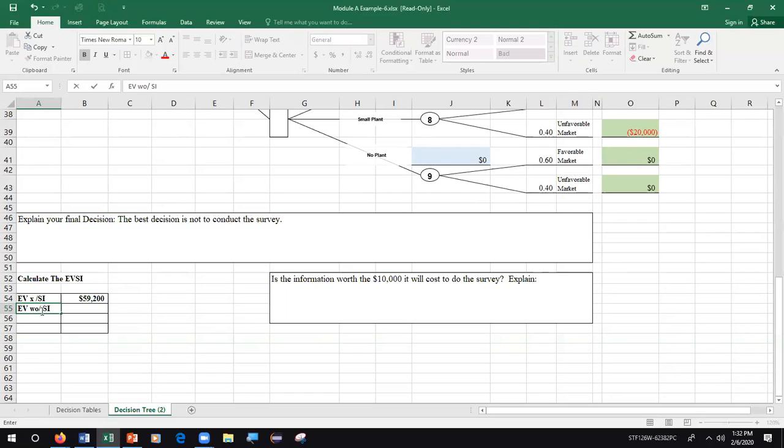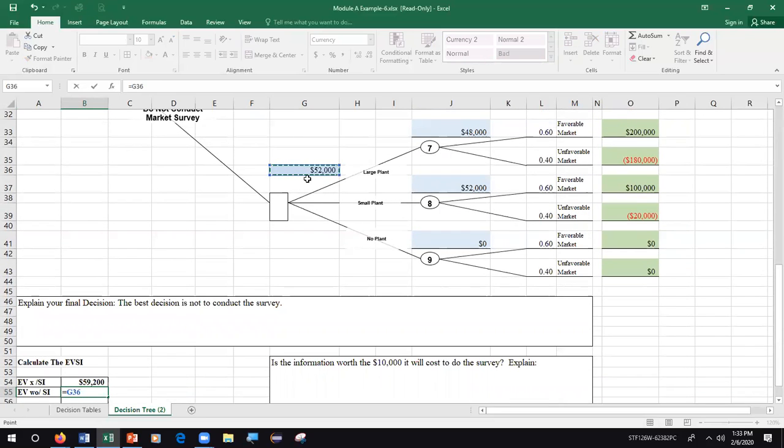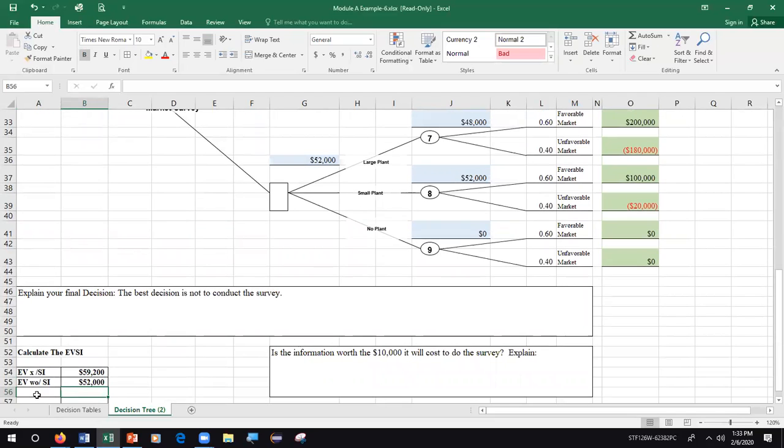So that's going to equal this right up here. That was our value without information. And so then our EV with the estimated value of the survey information is equal to this minus this.